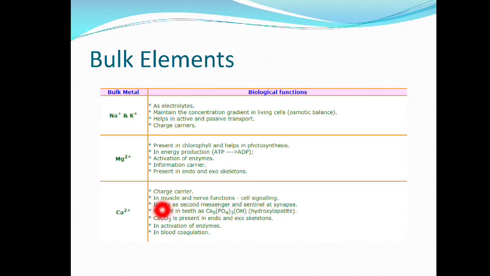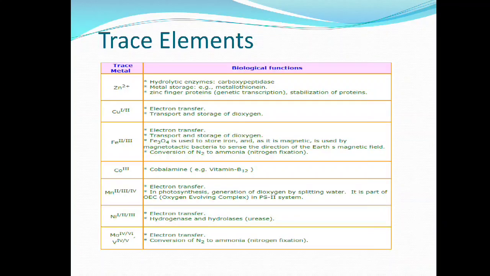Calcium carbonate is present in endo and exoskeletons, and it is also involved in the activation of enzymes, as an activator. Another important thing is it is involved in the blood clotting processes. These are the bulk metals and their biological functions.